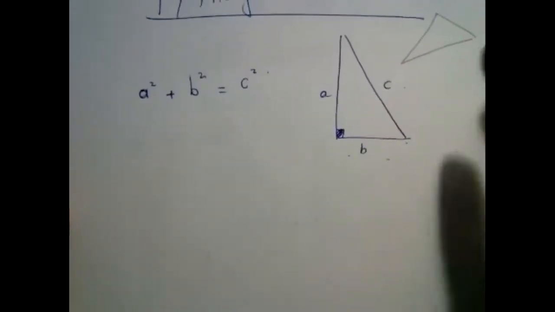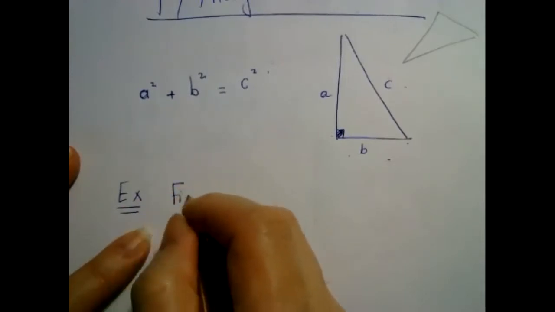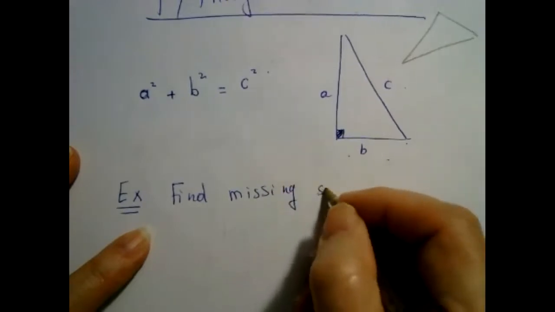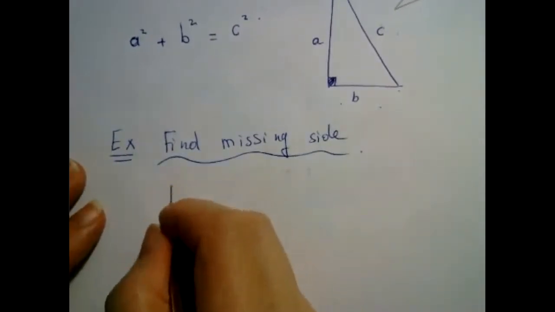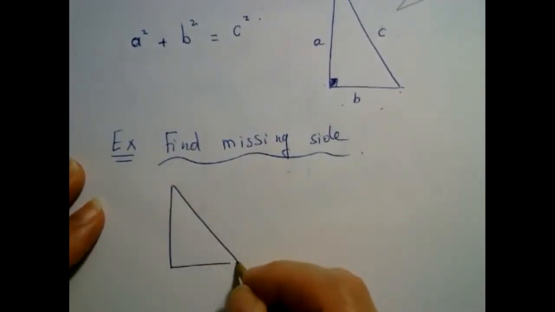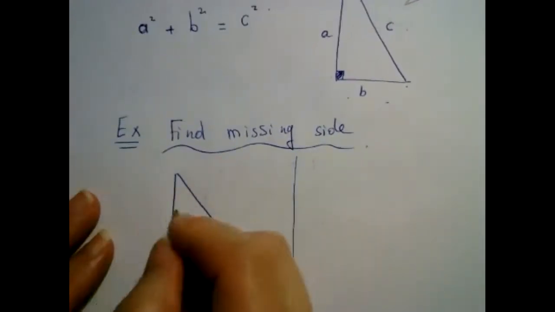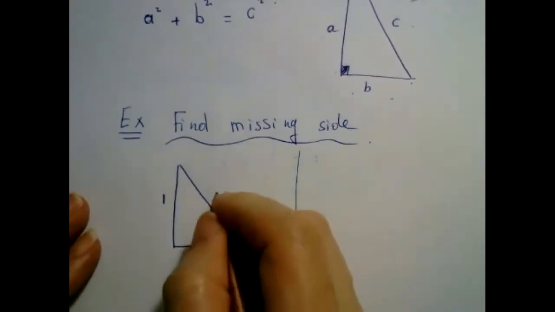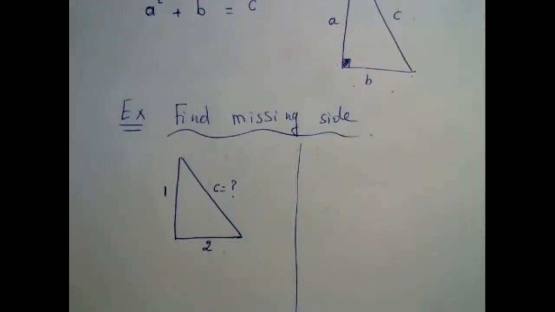Now, for example, let's find the missing side. A very simple problem. I'm going to draw a triangle. I'm going to do two simple ones, and I'm going to give numbers. Suppose I call this 1 and this 2. Find the missing side. It means find the C. We are in a right triangle, and I repeat, it has to be right for Pythagorean to work.